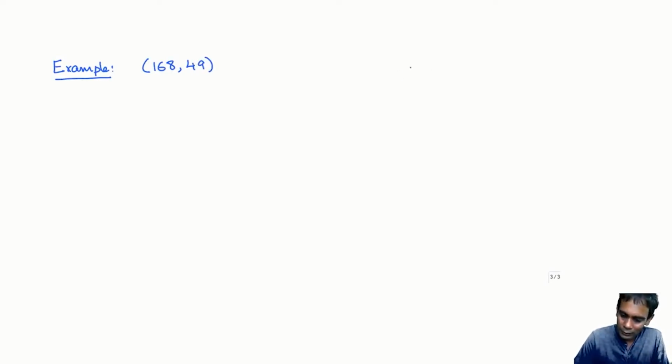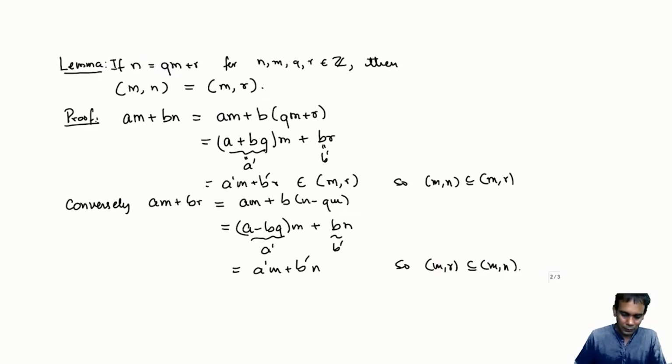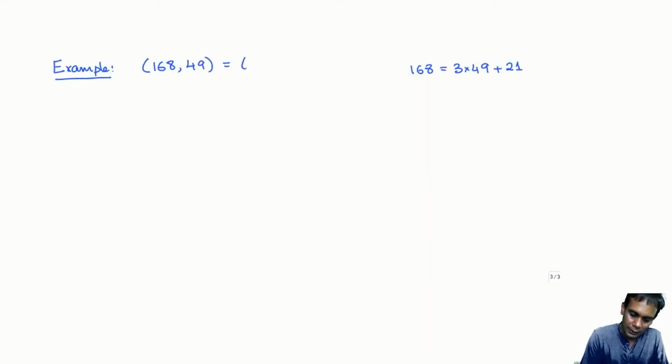If I divide by 49, it is 3 into 49 plus, so 3 into 49 is 147, 147 plus 21. So it's 3 into 49 plus 21. So using this lemma up here, what we are saying is that I can replace 168 and 49 by 49 and 21. So the ideal generated by 168 and 49 is the same as the ideal generated by 49 and 21.